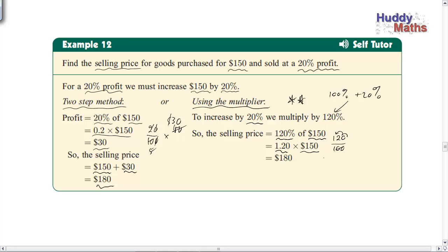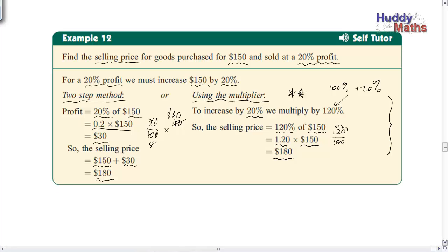So we want 1.2 lots of $150 on the calculator, which is $180. Get your head around both of them. They're both good methods. If you want to go straight to the answer of what you're selling it for, you would use the multiplier.